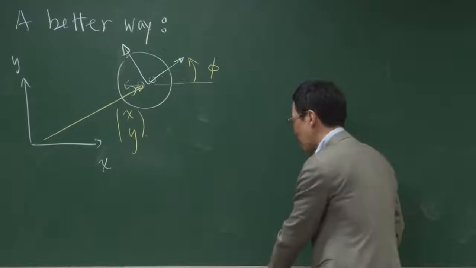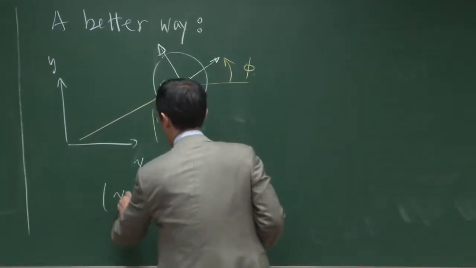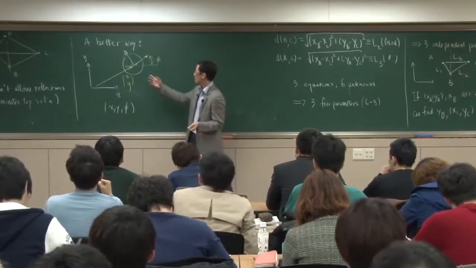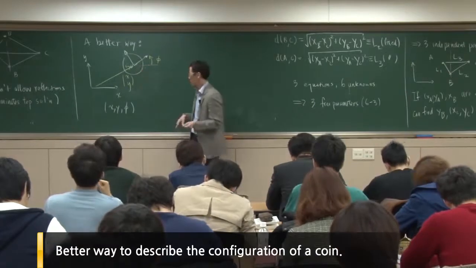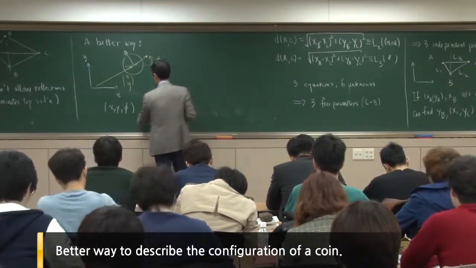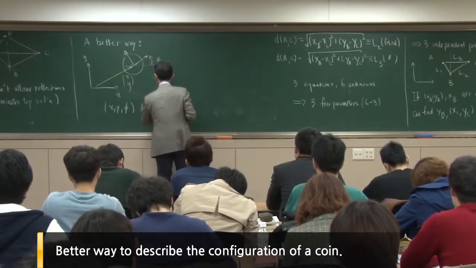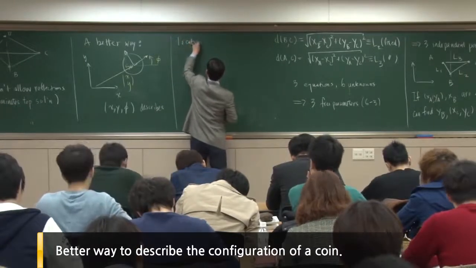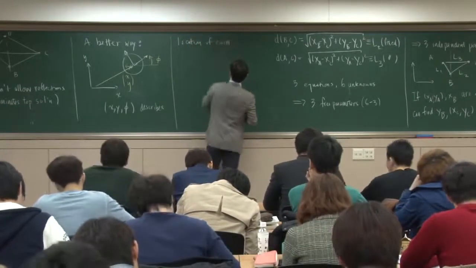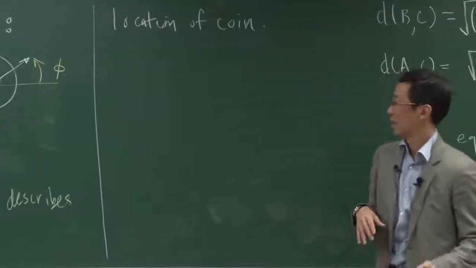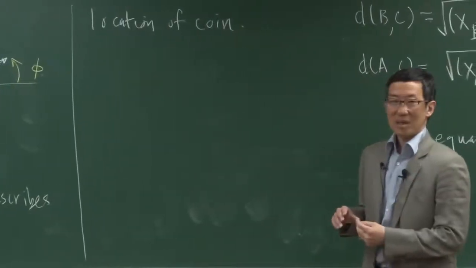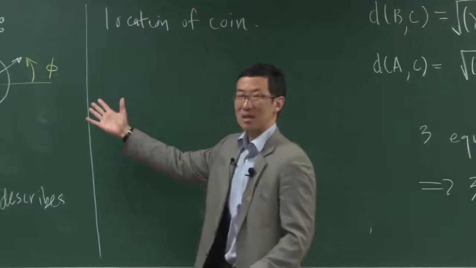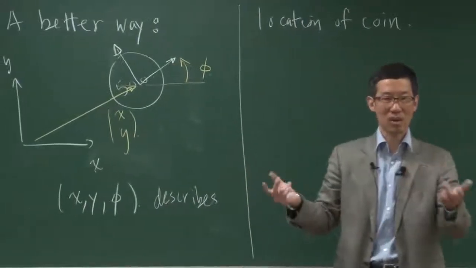So now I can just use the coordinates x, y, phi to describe the position and orientation, the location of the coin. So 3 coordinates. This is pretty straightforward. I probably didn't have to go through all this to convince you that this is a good way to do it, and it requires only 3 coordinates.